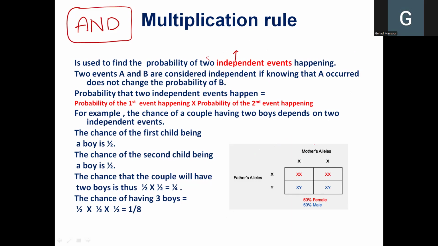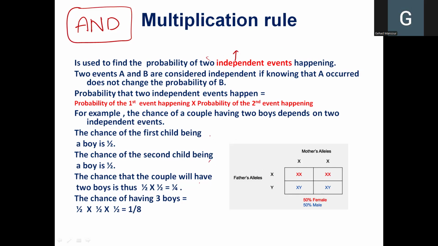So meeting Sarah does not mean that I cannot meet Malak accidentally in the street. And this is what we call two independent events. The probability of occurrence of the first event, however big it is, like 90%, for example, does not affect at all the possibility of occurrence of the second event.